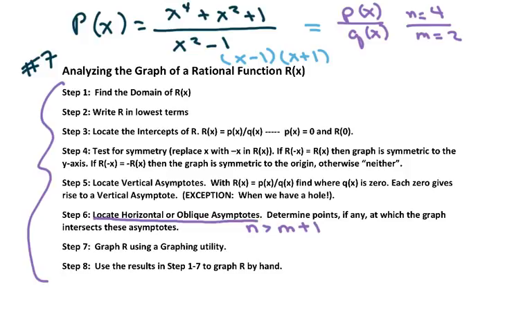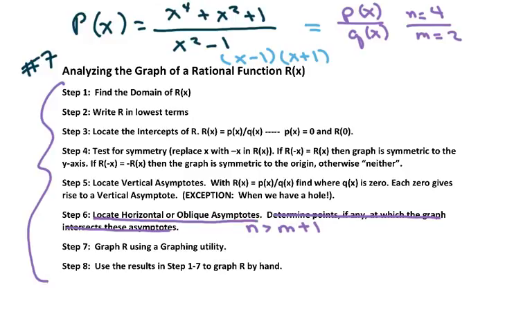Okay, so that means there's no horizontal or oblique. That means we don't have to determine the points at which the graph intersects, because we don't have any. It's already in lowest terms.